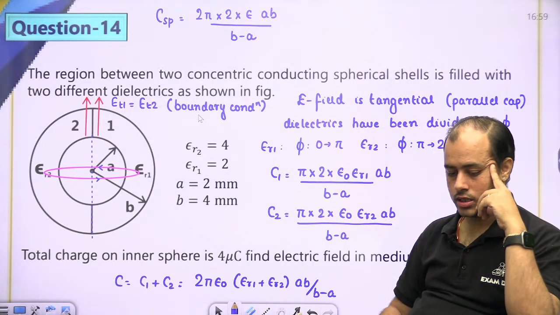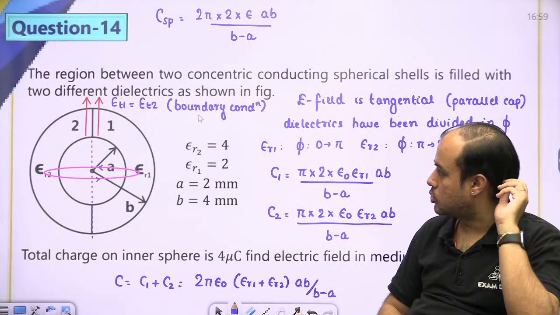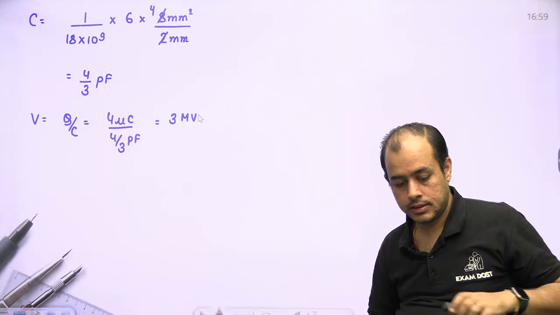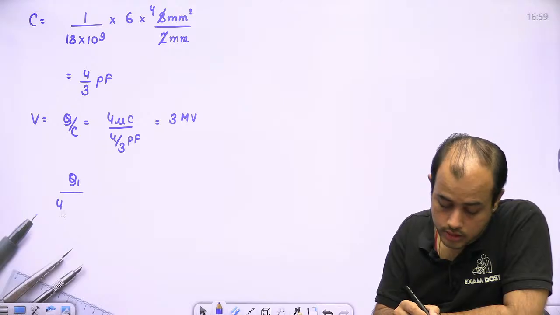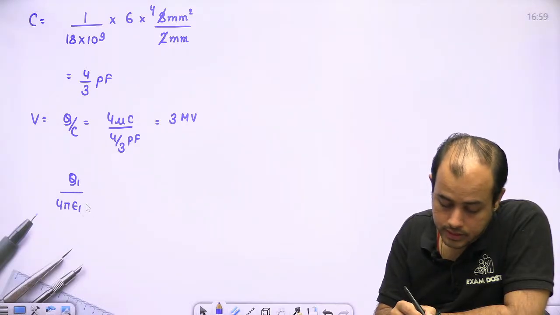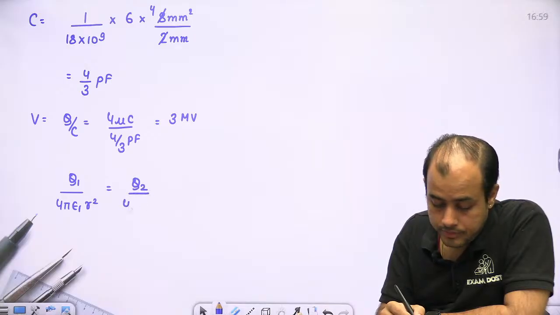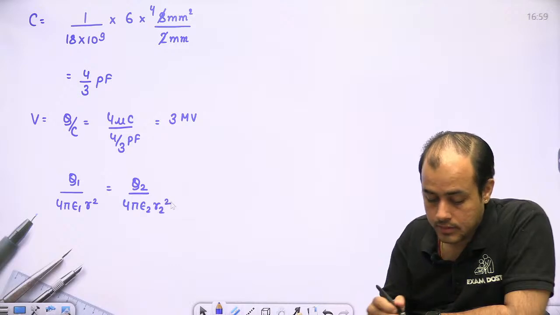I am thinking that both electric fields should be equal, so the charge will be distributed unequally. Basically, I can say Q1 by 4 pi epsilon 1 R square should equal Q2 by 4 pi epsilon 2 R square.